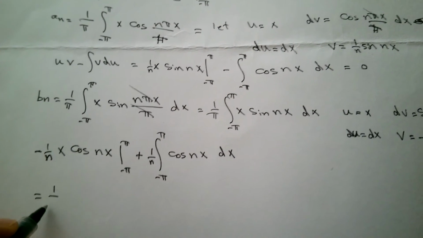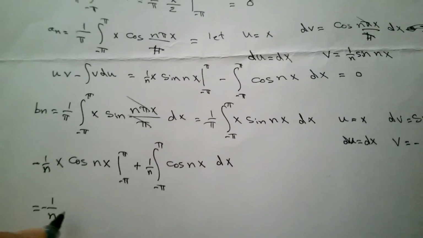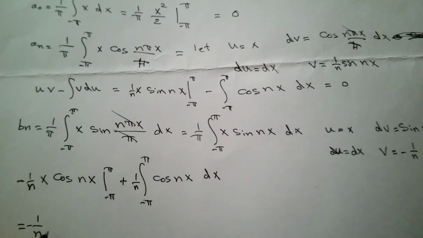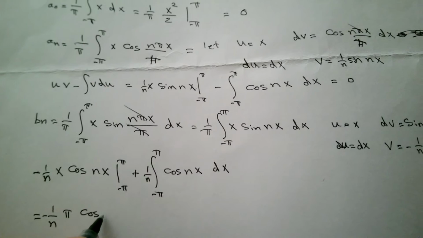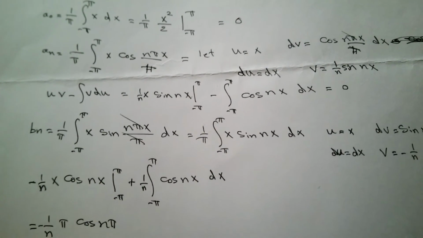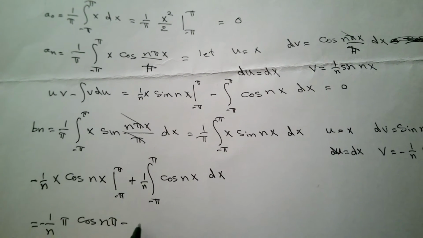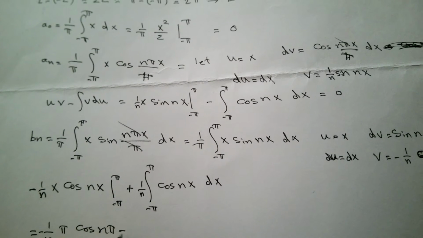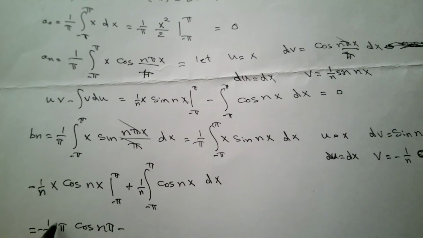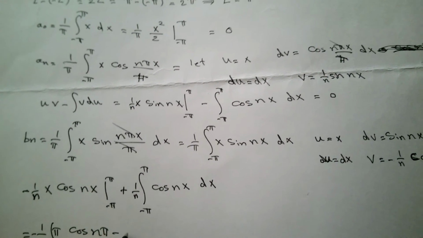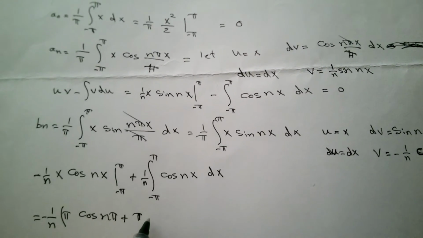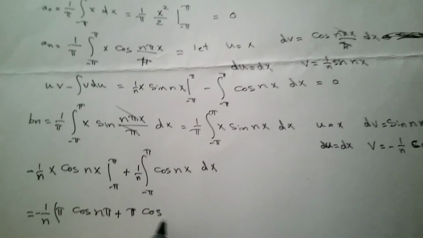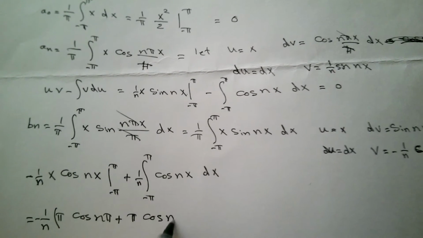This will be equal to minus 1 over n times x, which is pi, cosine of n pi, plus pi cosine of n pi.